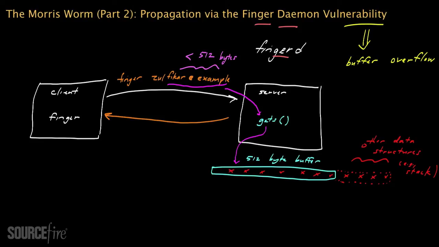For the Morris worm in particular, the finger request that was made to the finger daemon on the targeted server was accompanied by a 536 byte, very carefully constructed artificial username. So that size exceeds the 512 bytes that were allowed. The first 512 bytes of this artificial username contained no-ops, meaning they don't do anything on the system.